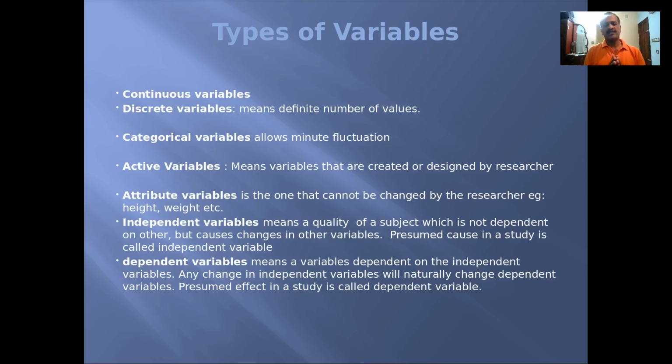First we will see what is the difference between independent variable and dependent variable. Independent variable means a quality of a subject which is not dependent on others but causes changes in other variables. So that we call an independent variable. So the independent variable will not change at all. This remains unchanged.